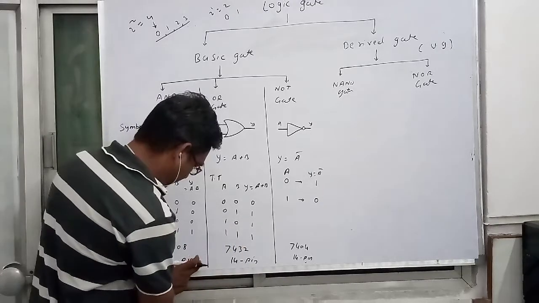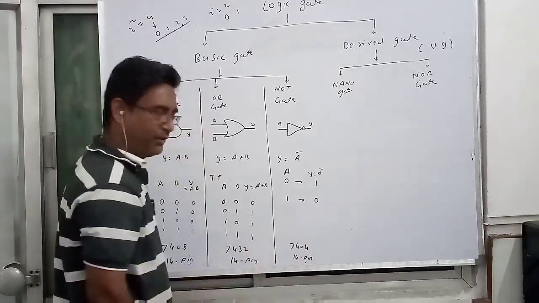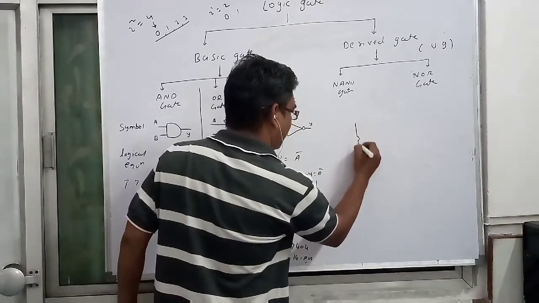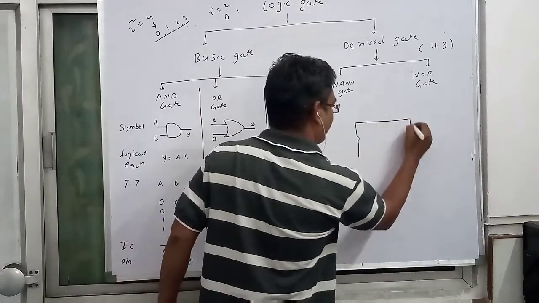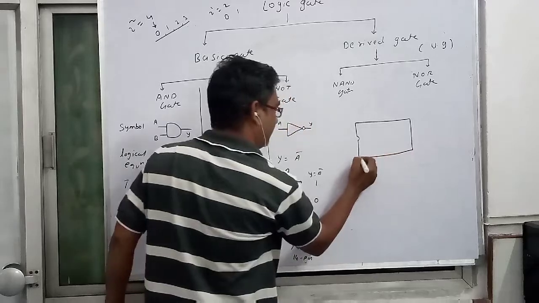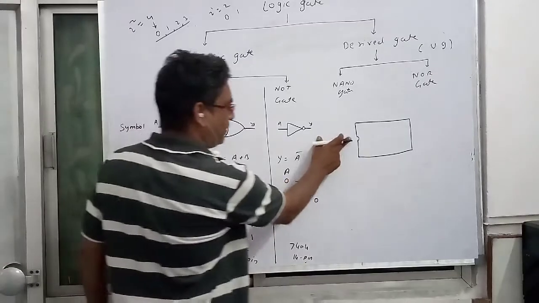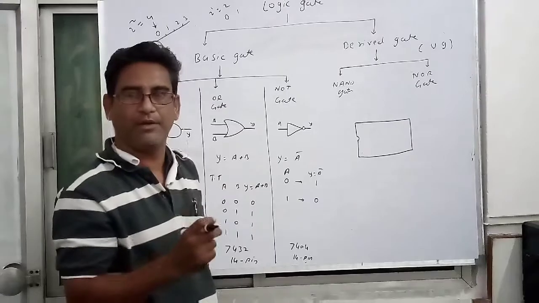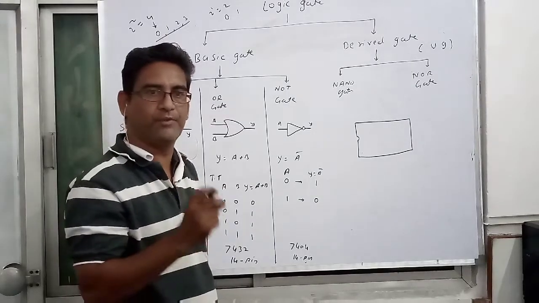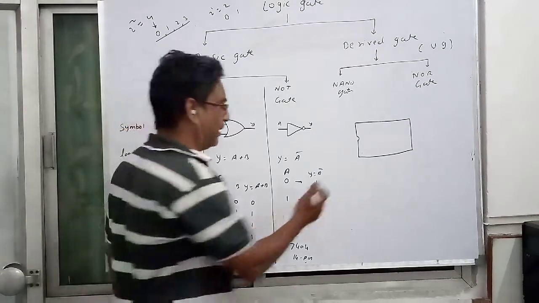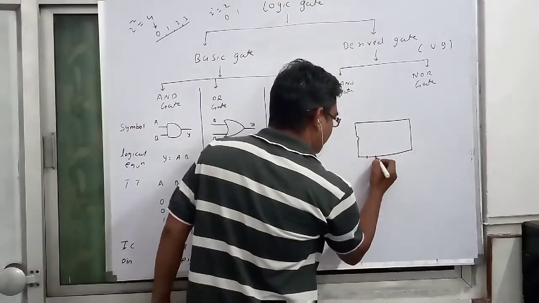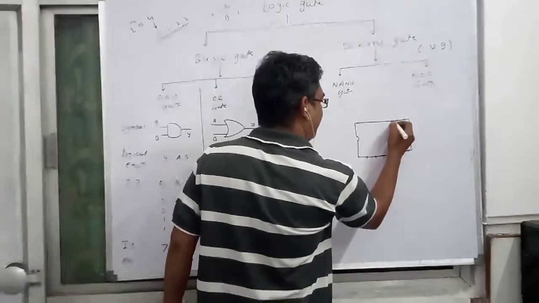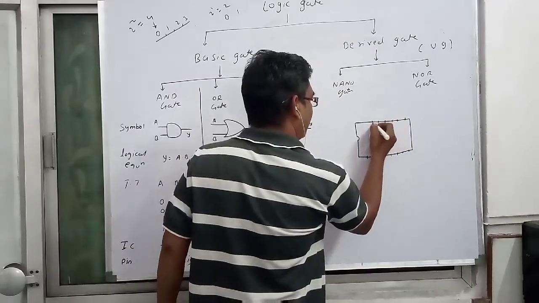As I told you, there are 14 pins. The IC diagram will be like this. Here there is a notch, and in this notch there is one dot. From that dot, you have to assume pin number 1. Then pins 1, 2, 3, 4, 5, 6, 7, then 8, 9, 10, 11, 12, 13 and 14.